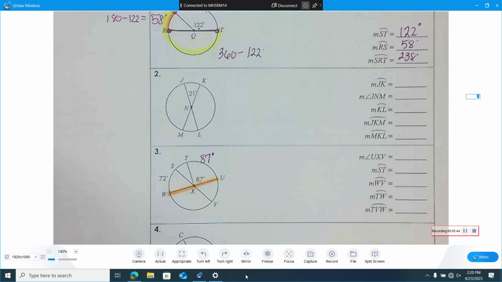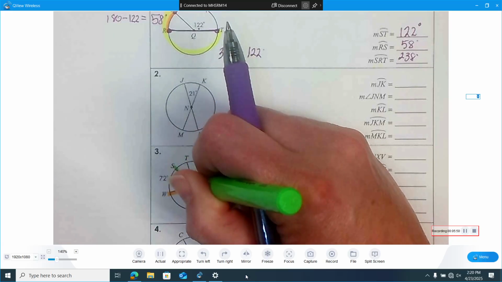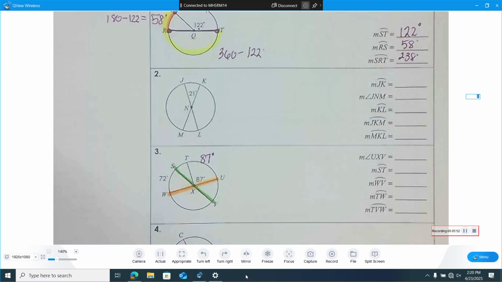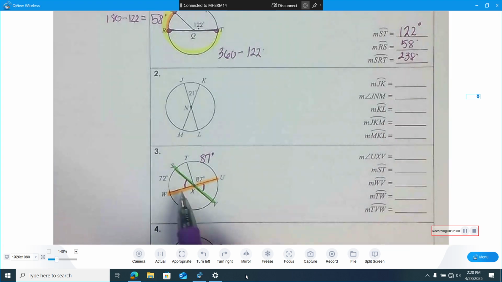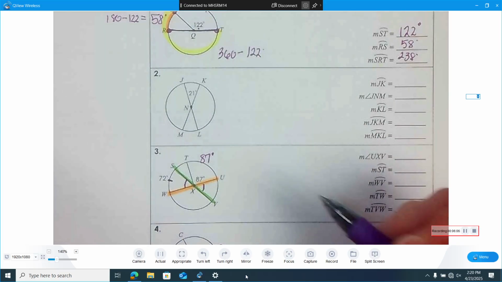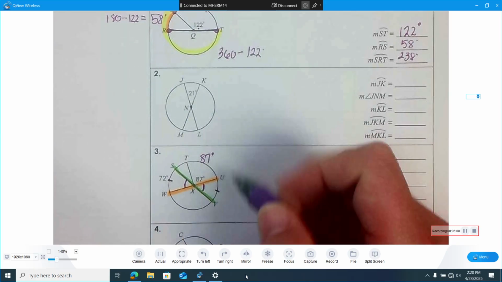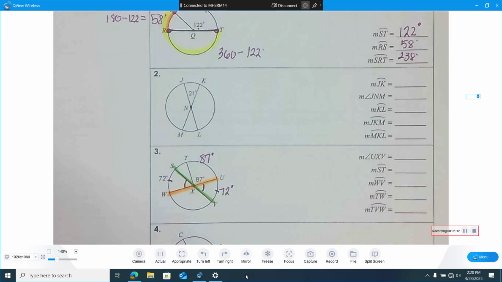SB is also a diameter. Is there anything else you notice in this picture? Vertical angles, very good. Yes, we have vertical angles here. So SW is 72. UV is also 72 degrees. Perfect.